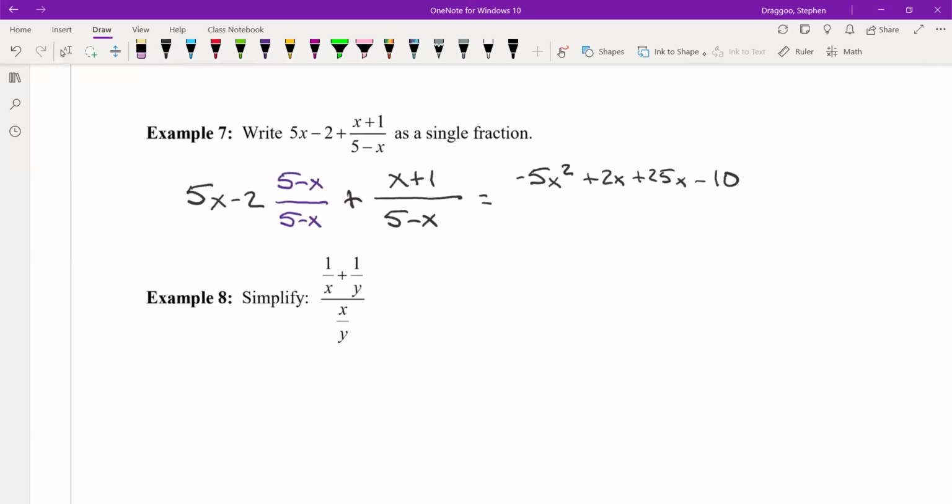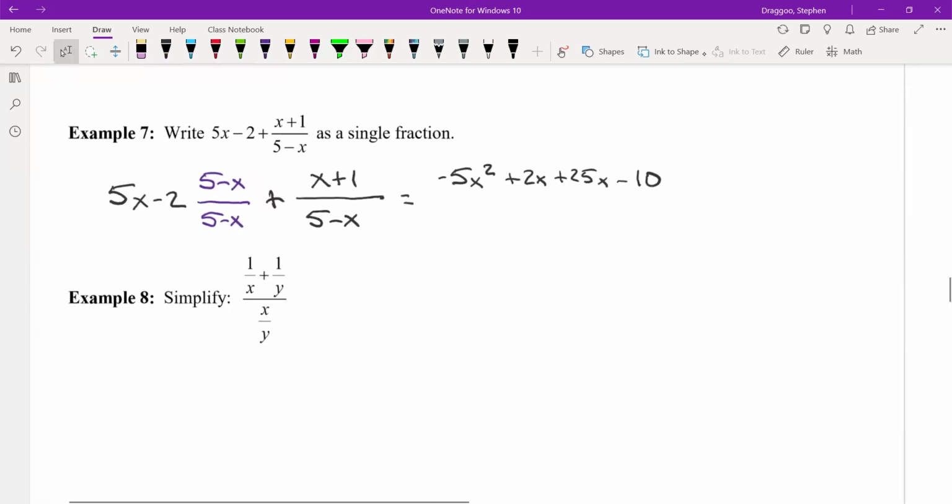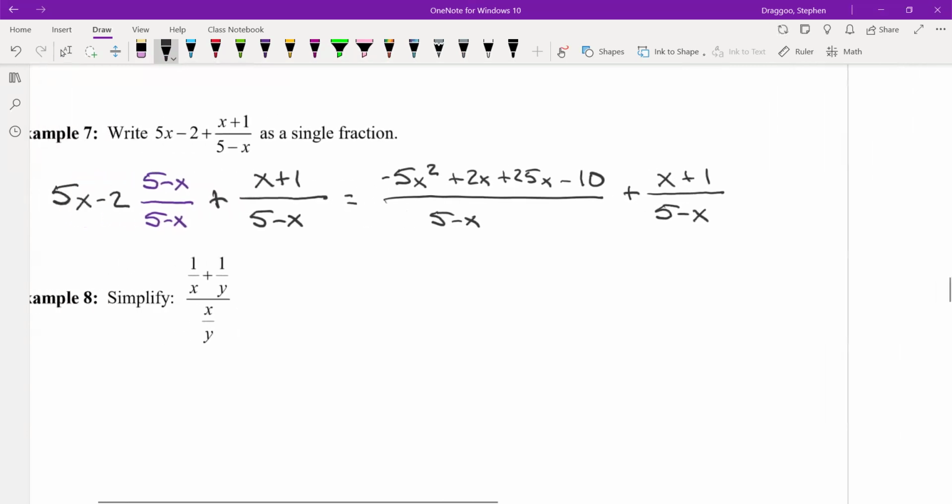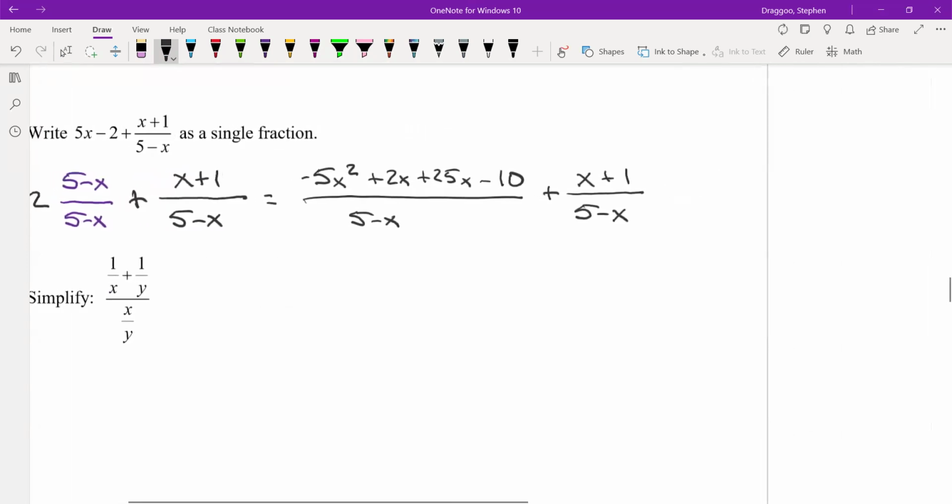Didn't make my fraction bar nearly big enough. Add that back in, over 5 minus x, and I want to add in x plus 1 over 5 minus x. I think whoever made these notes drastically underestimated the amount of space we needed for this example.